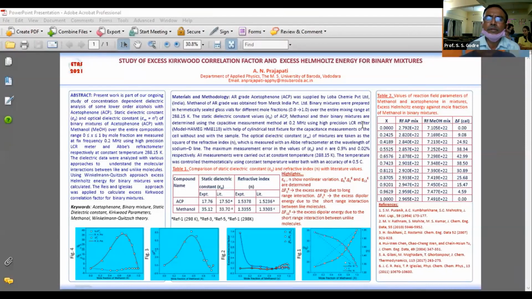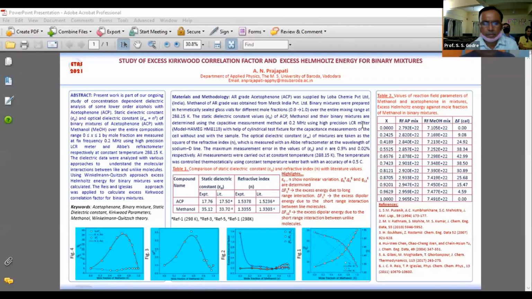Figure 4 shows the excess dipolar energy due to the short range interaction, and there are two types of short range interactions. One is the short range interaction between like molecules and the other is between unlike molecules.